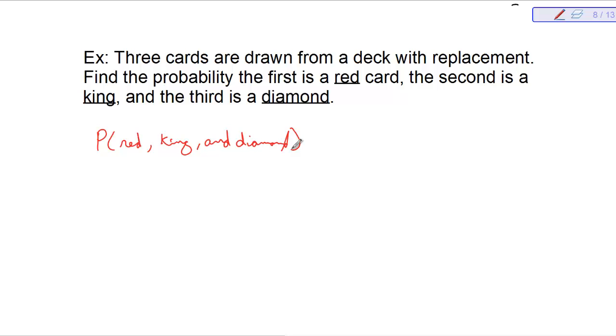Since I replaced it each time, the probabilities aren't going to change. That's going to be the probability of a red times the probability of a king times the probability of a diamond.